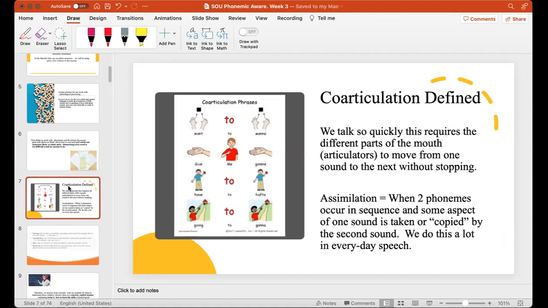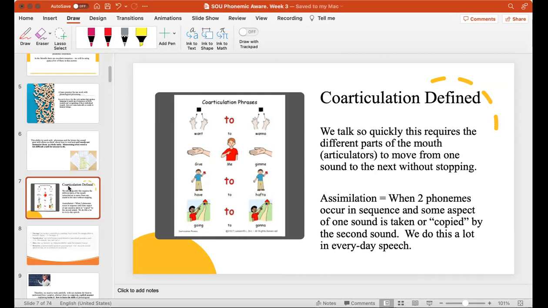So there's an idea called co-articulation. And this is what makes it, like a number of people said, really hard to explain to my students the difference between TR and CH. Am I correct? That's because of co-articulation.